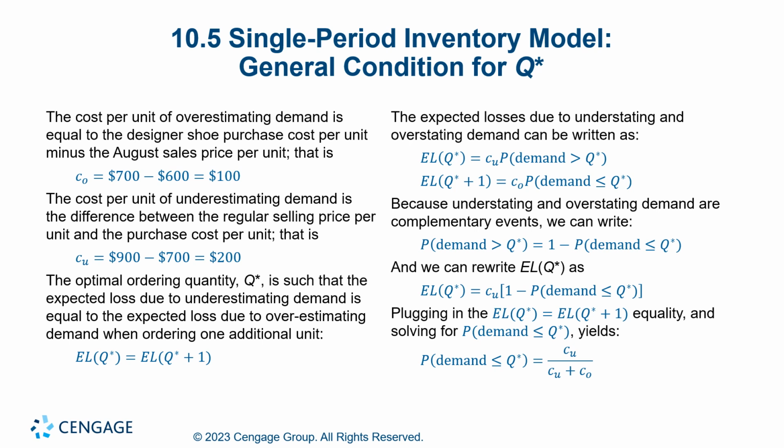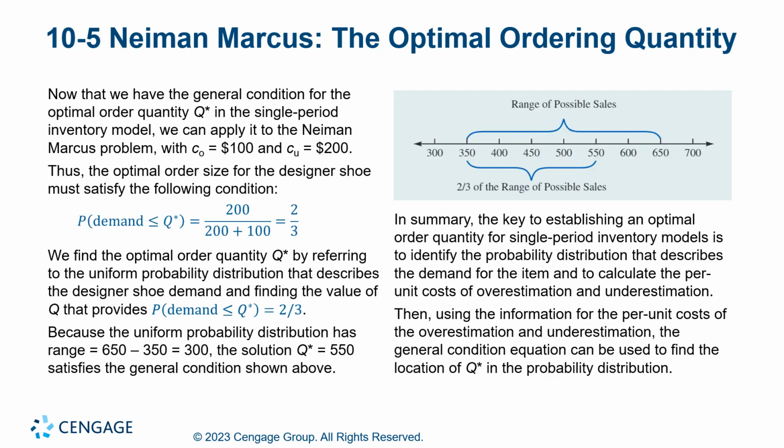Okay. And in the Neiman-Marcus problem, we can see that CO is equal to 100 as we calculated earlier, and the CU is equal to 200. The optimal order size for the shoe must satisfy the following condition, which is that the probability of demand less than a certain number Q is equal to CU divided by CU plus CO, equal to 2/3.